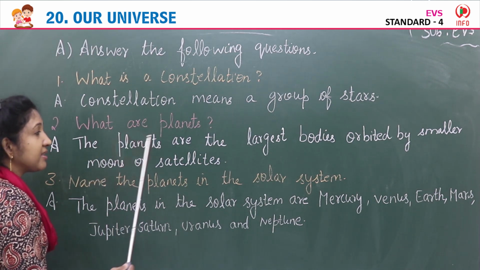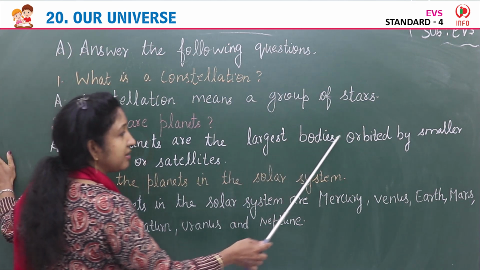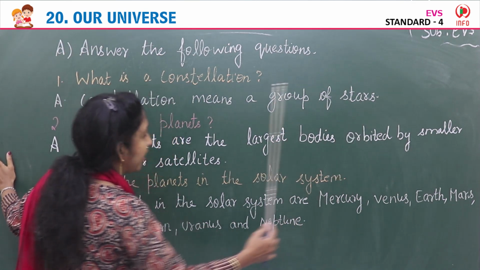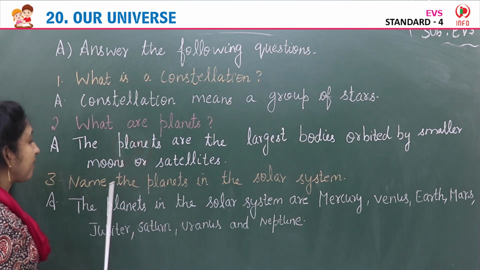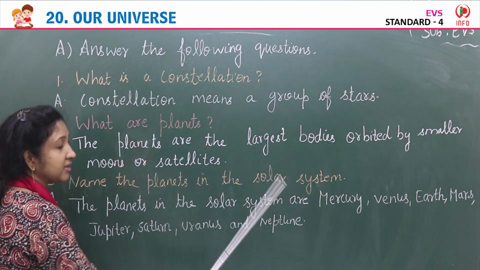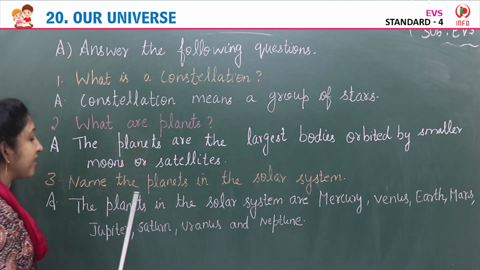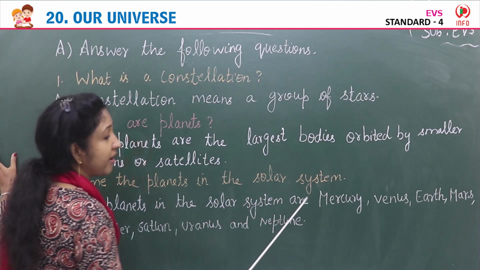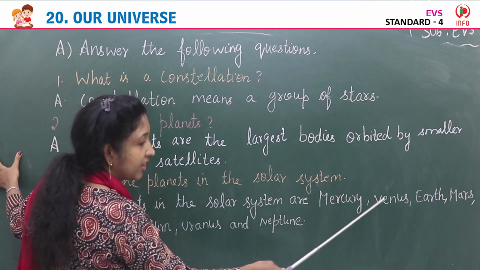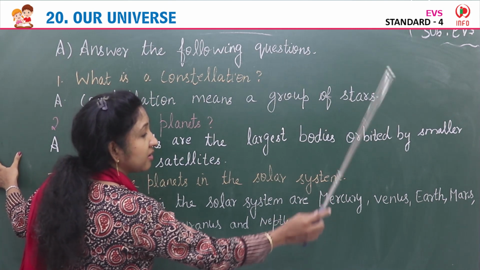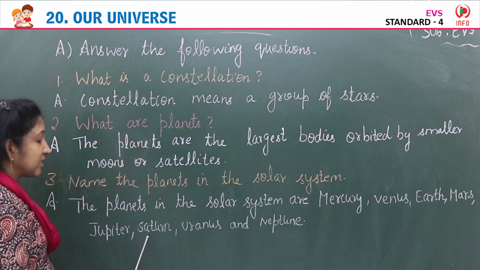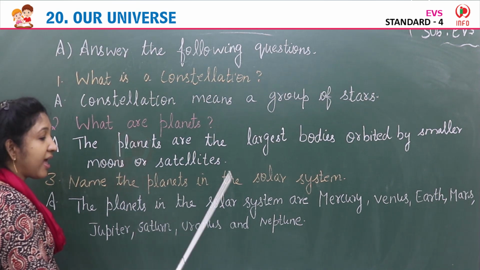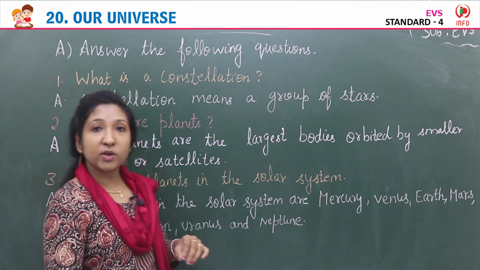Answer, the planets are the largest bodies orbited by smaller moons or satellites. Third question, name the planets in the solar system. Answer, the planets in the solar system are Mercury, Venus, Earth, Mars, Jupiter, Saturn, Uranus and Neptune.